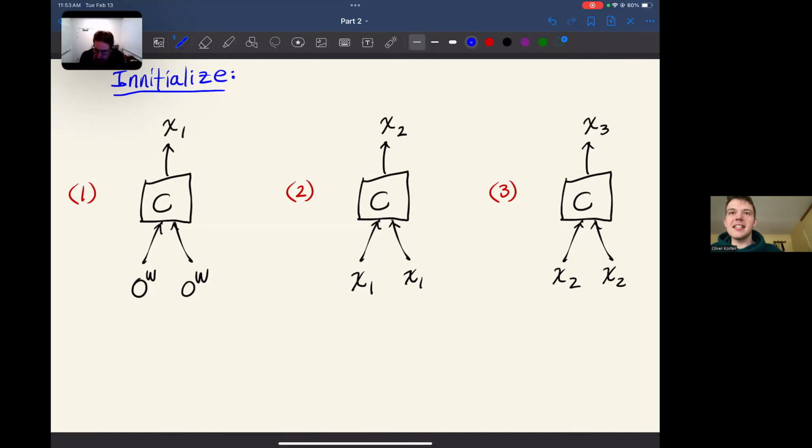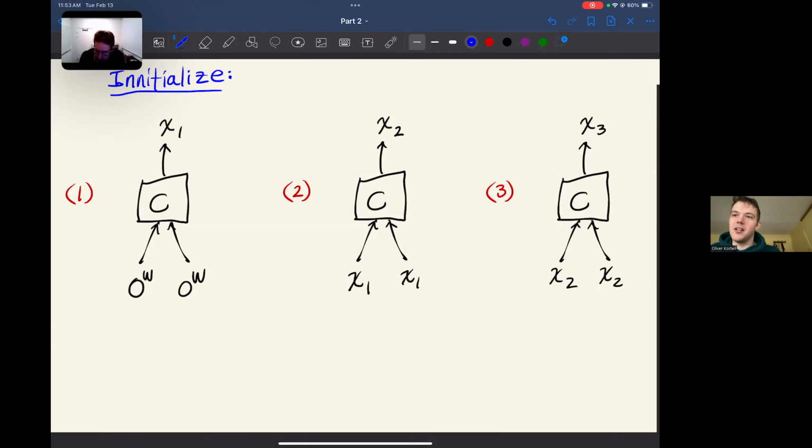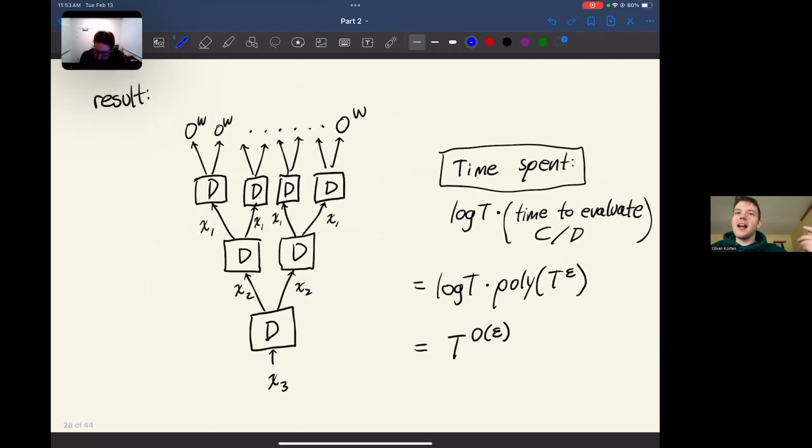And I'm going to repeat this a number of times equal to the depth of my tree. If at each point I plug in something to the compressor that the decompressor will then return to me, then at the end of this process, I get this value, x whatever, at the bottom, which when I feed it through should give me all zeros at the top. Because if I first compress these 2 zeros down to x1, I can check if I found a counterexample to the compression scheme. If not, then x1 should spit out these 2.